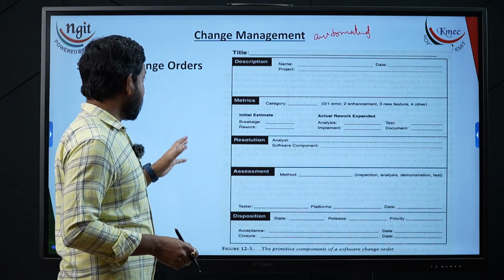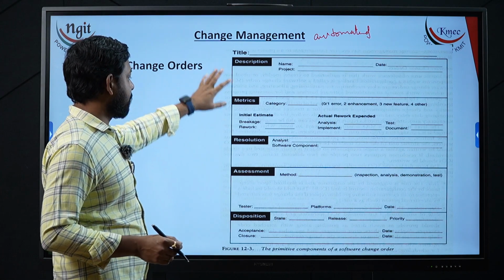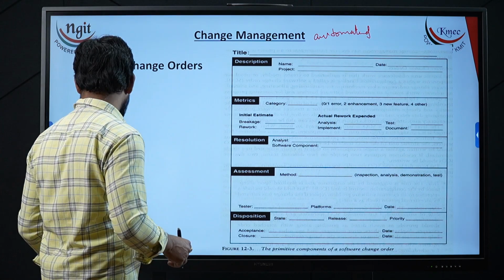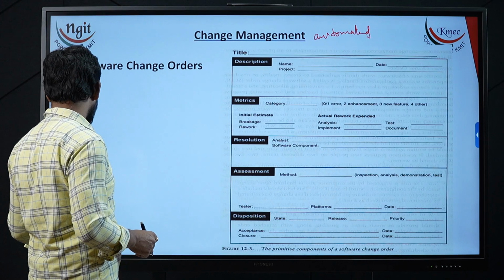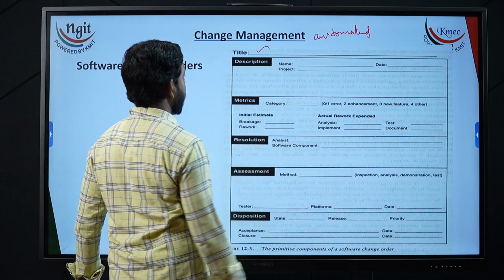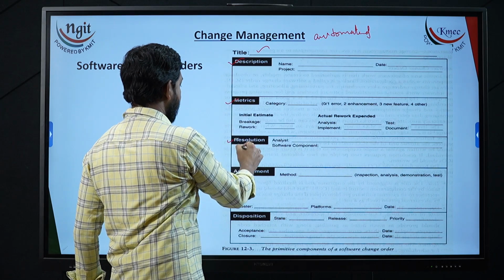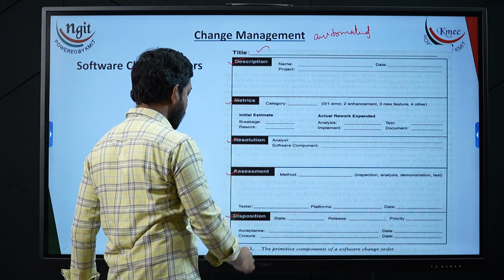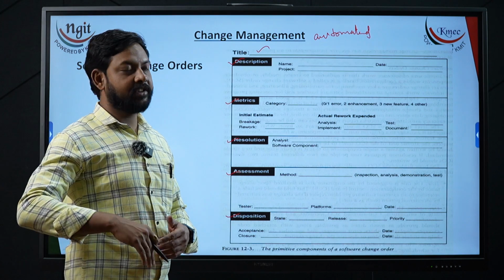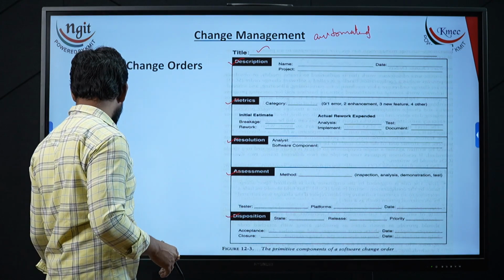So basically this software change order consists of these different data. First is the title of the software project that you are working with. Second is your description, metrics, resolution, assessments used, and dispositions related to your project. So these data can be documented under your software change orders.